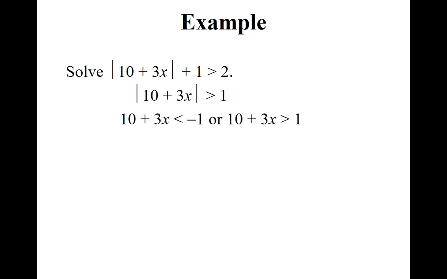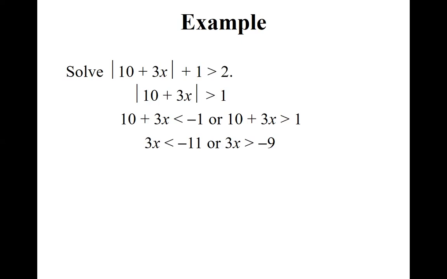Either way, whether you want to do the first one first or the second one first or both at the same time, you're going to be subtracting 10 from both sides as the first step in both. So -1 minus 10 is -11. 1 minus 10 is -9. You're going to divide both sides by +3 to get the x by itself.